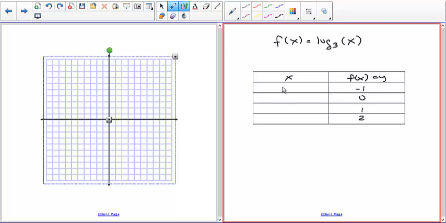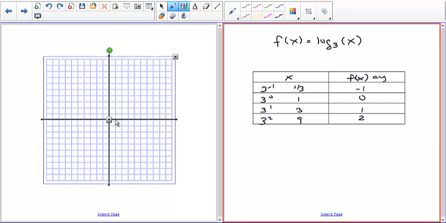So to generate this table of x versus y, we're going to have 3 to the -1 power, 3 to the 0 power, 3 to the first power, 3 to the second power. So we'll get 1/3, 1, 3, 9. And it's because logarithms and exponentials are inverse functions of each other, so you can kind of switch the points.